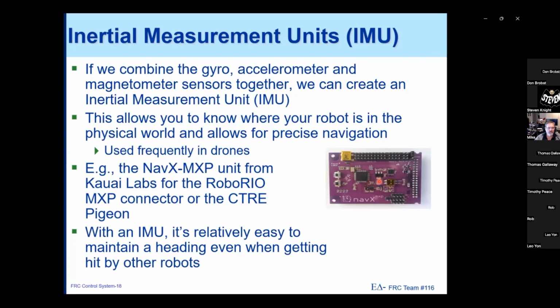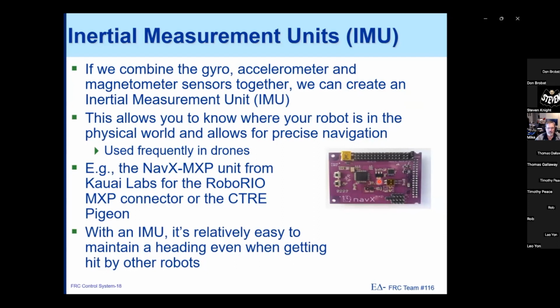Another one of these devices is known as the Cross the Road Electronics Pigeon. The Pigeon is a CAN bus based IMU as opposed to one that plugs into the RoboRIO itself. In general, in order to get the most precise location information, your best bet is to mount the IMU in the center of the robot.